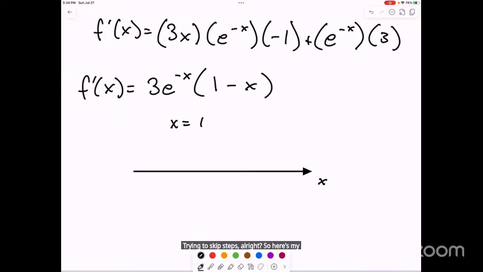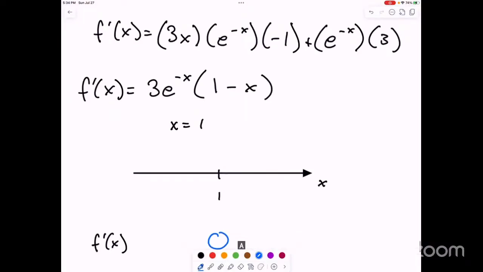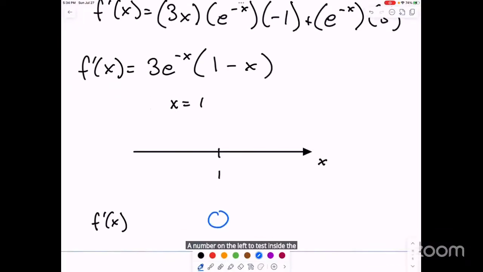All right, here's my positive x, and here's 1. We want to compare this in f prime. This is going to give us a 0 in the derivative. A number on the left to test inside the derivative is when x is 0. If we test x equal to 0, this is positive and this is positive, so this ultimately is positive, which means the original is increasing left of 1.